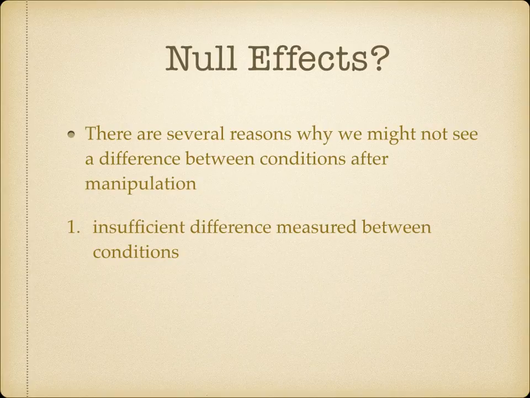You could have what are called ceiling and floor effects. We've talked about this a little bit when we were in our measurement chapter earlier. If you're close to the top end, it's hard for there to be any room for anything to move. If you're doing manipulation, same thing if you're down at the bottom end. So all these things can be an issue. This can happen both with top end and bottom end of an independent variable, ceiling and floor effect for an independent variable, and ceiling and floor effects for a dependent variable.